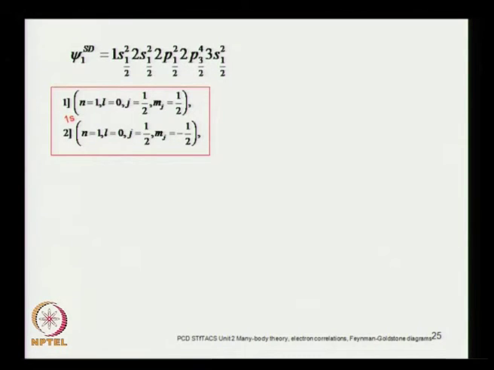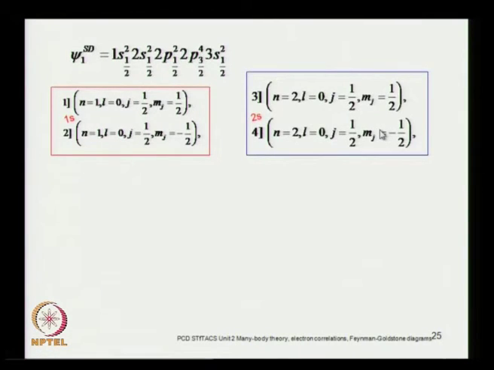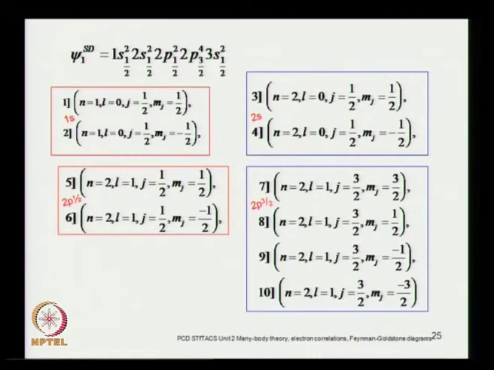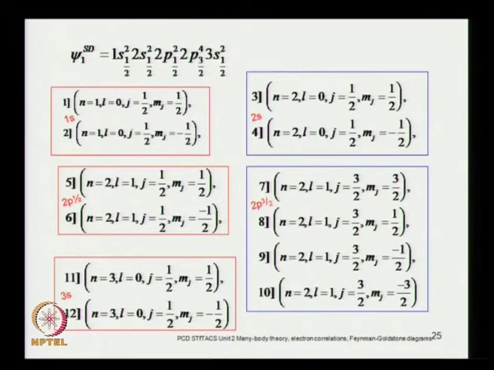So your Slater determinant in the first configuration was made up of these states 1 and 2, 3 and 4, okay. Then you had the 2p 1/2, you had the 2p 3/2, and then you had 2 electrons in the 3s state. So these are the 12 single particle states.